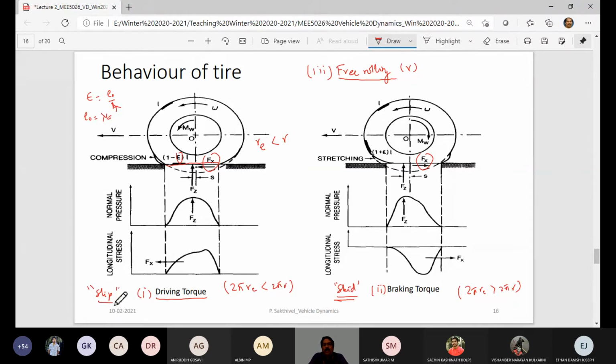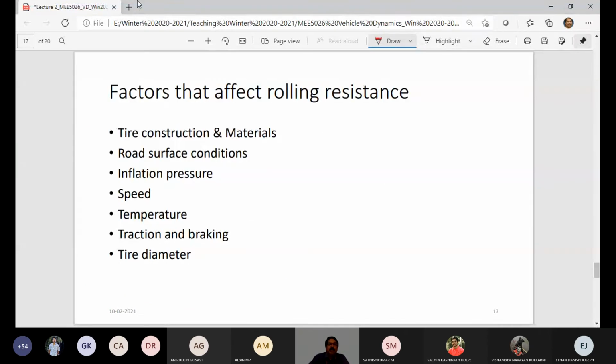So, factors that affect rolling resistance. We have to understand what this rolling resistance is. You see here there is something called the rolling resistant moment. Why is this rolling resistant moment here? It is because of the material nature. The tire construction material is an important primary source of this rolling resistance.